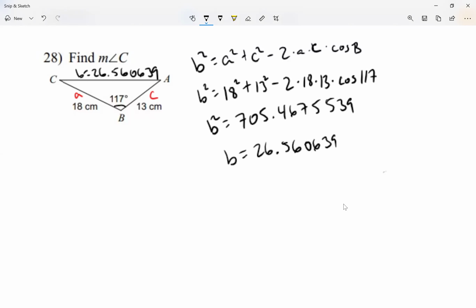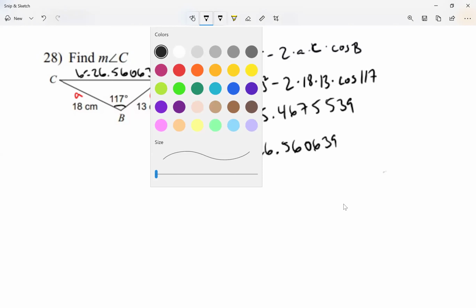I know angle B and I know side B, and I just said every time you know one angle and the opposite side, use the law of sines.